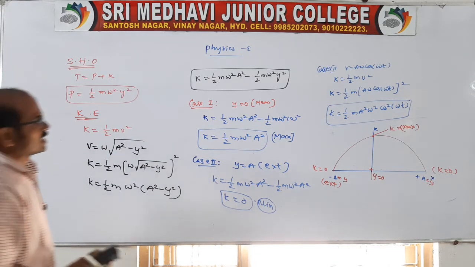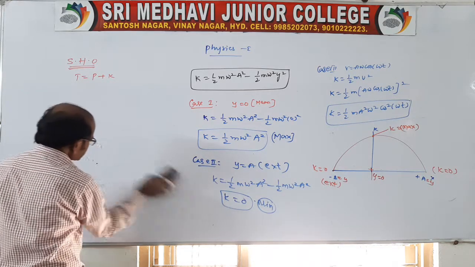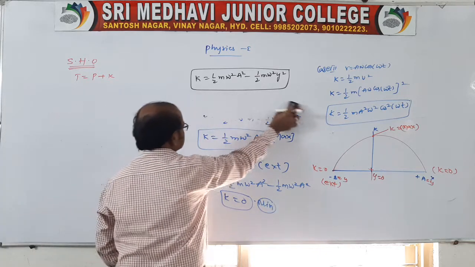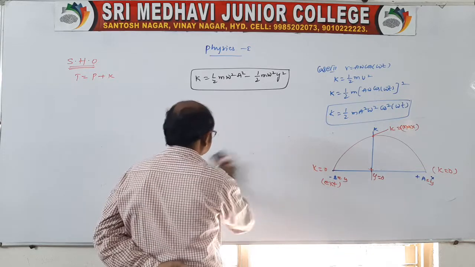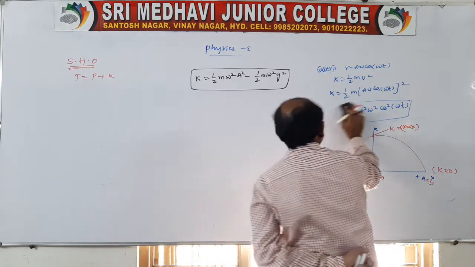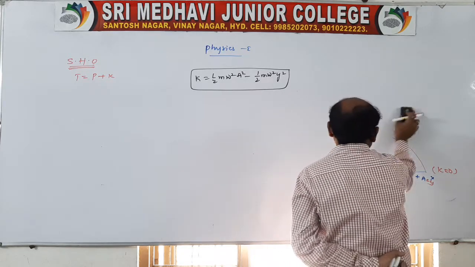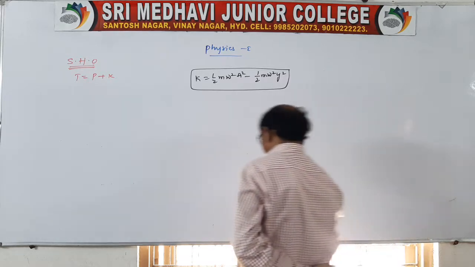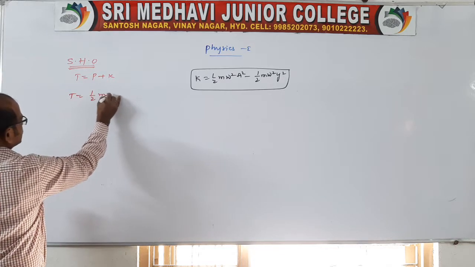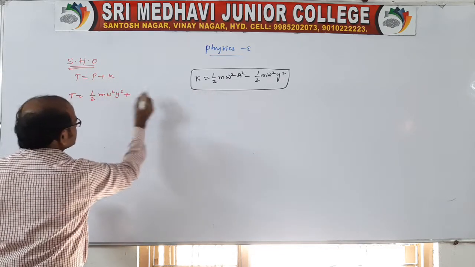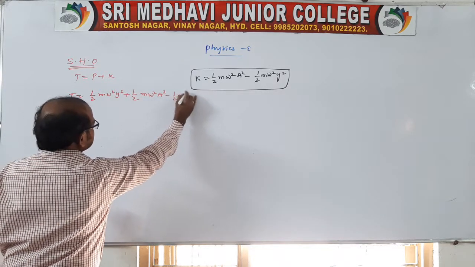Now let us move to the total energy, because our concept is only total energy. Here the total energy is nothing but the sum of the potential and kinetic energy. The total energy will be potential energy, half m omega square y square, plus kinetic energy, half m omega square a square minus half m omega square y square.